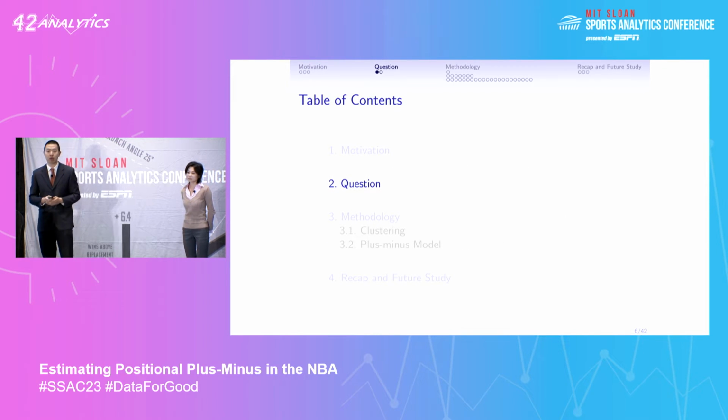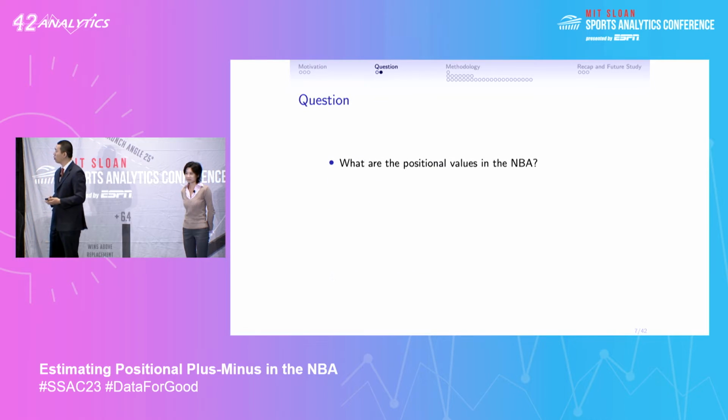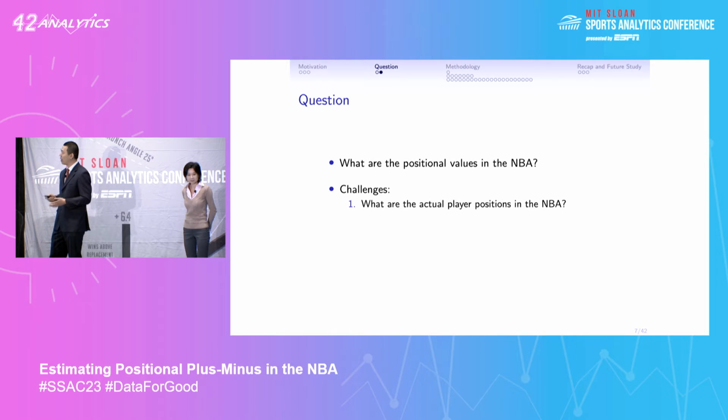Now I want to talk about the research question section of our paper. In our study, we try to ask this very broad question: what are the positional values in the NBA? To answer this question, we think there may exist some challenges. First, what are the actual player positions in the NBA?